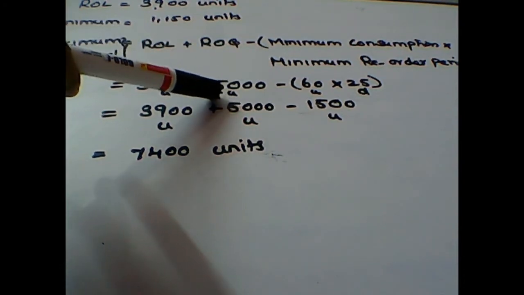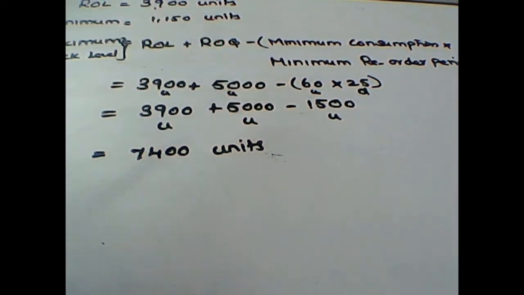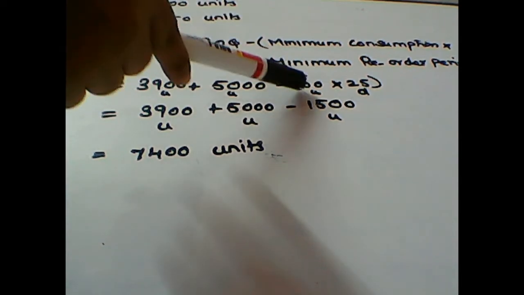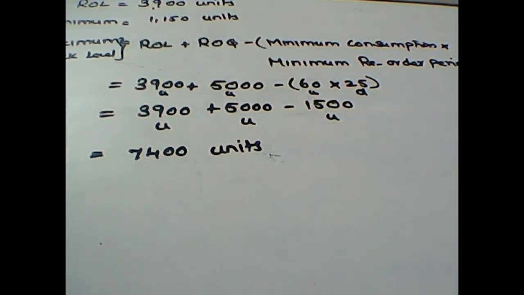So we have written that also, minus minimum consumption. In the problem you see it was given that minimum usage is 60 units per day. So we have written 60 units into 25 days. How have we written this 25? Reorder period is 25 to 30 days, so the minimum reorder period is 25 and the maximum reorder period is 30 days.